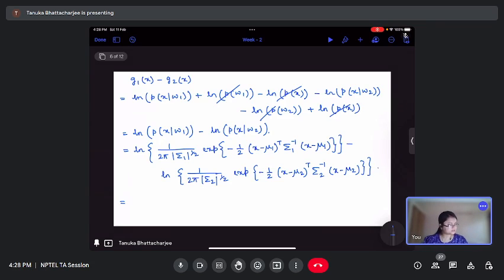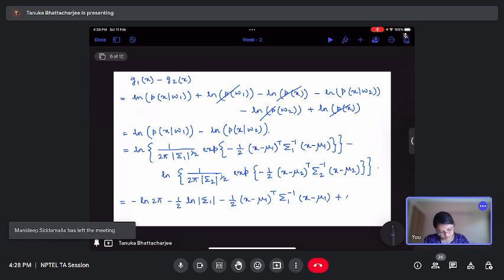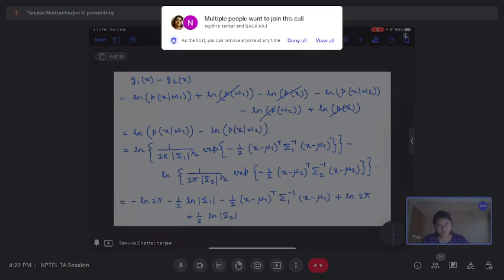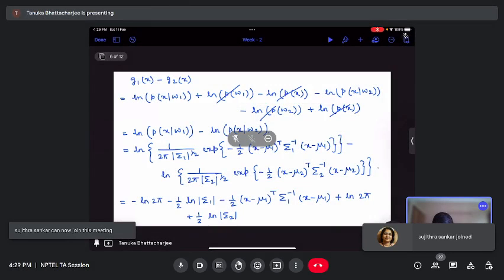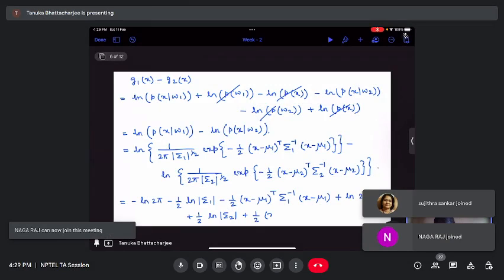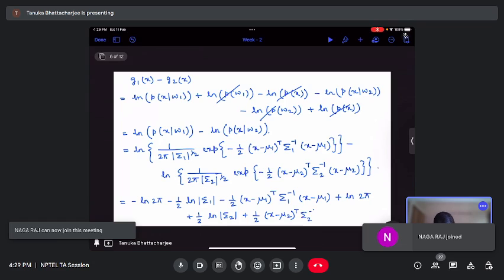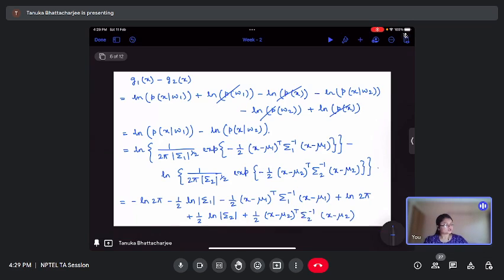So what we will get is minus ln of 2 pi, minus half ln of the determinant of sigma 1, minus half (x minus mu 1) transpose sigma 1 inverse (x minus mu 1), minus ln of 2 pi. So this is what you get.